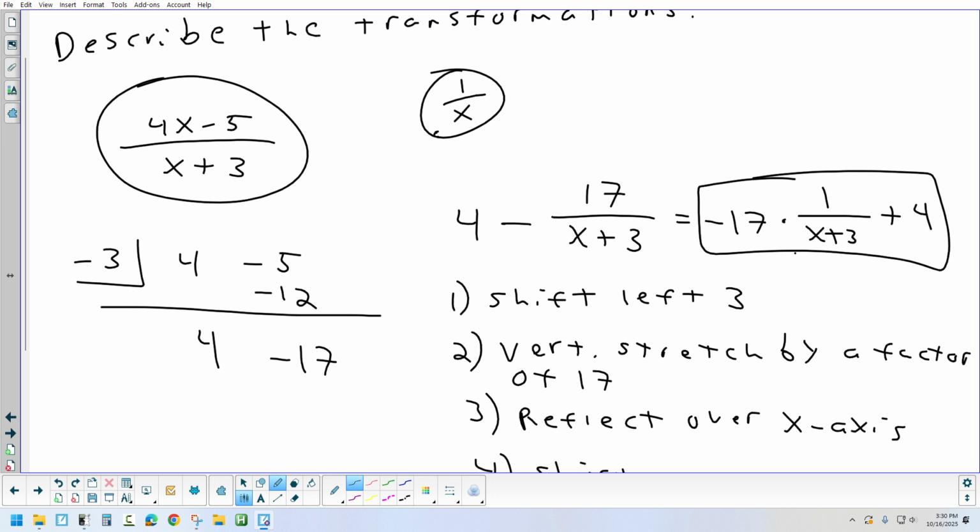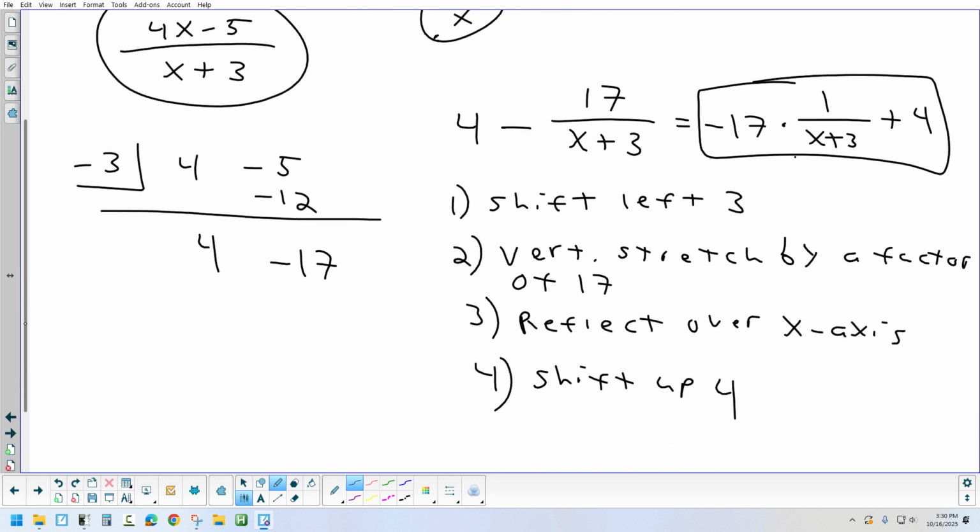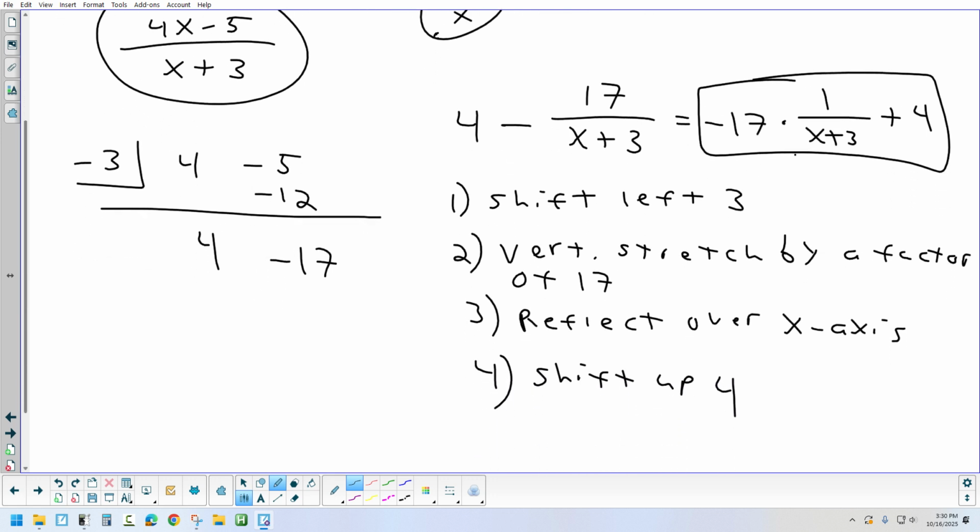So what's the order again? Horizontal shifts, then vertical stretches, reflections, or vertical shifts. Yeah, so the order is any horizontal shifts, any horizontal stretches, which we didn't have in this one, then any horizontal reflections, which we also didn't have. To do a horizontal reflection, I would need that. So you start inside and go out.